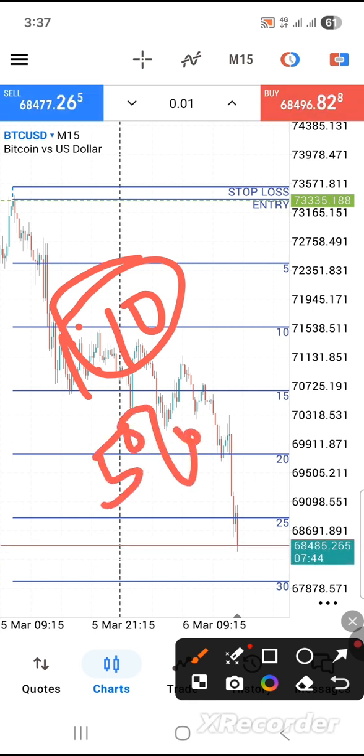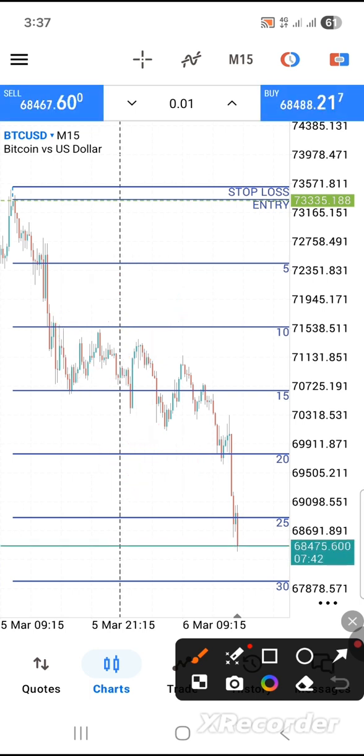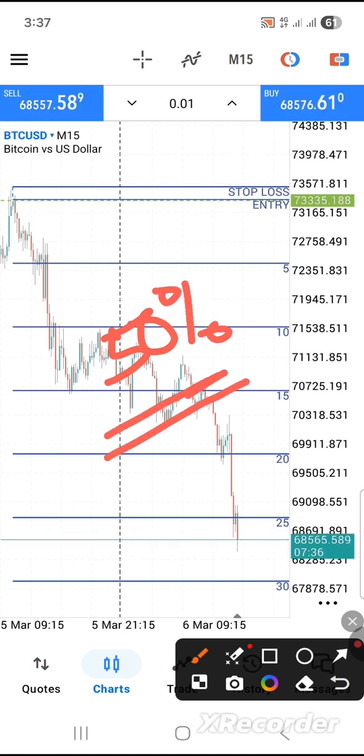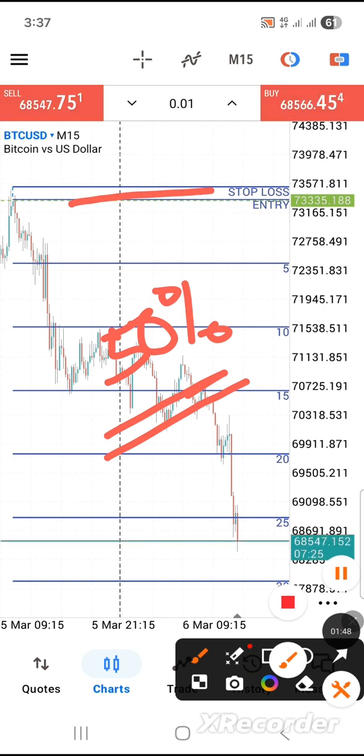Then you let the remaining 50% run, and that is exactly what is running now. The remaining 50% we have already made risk-free.